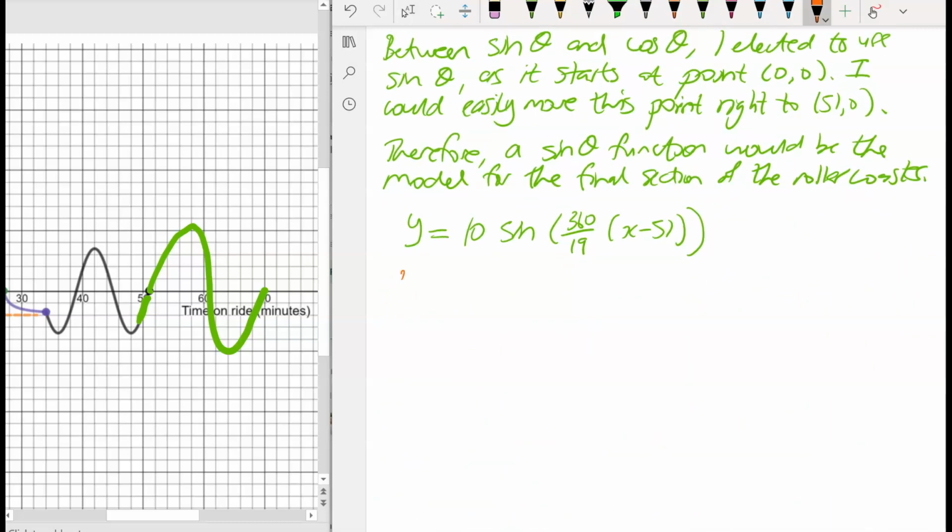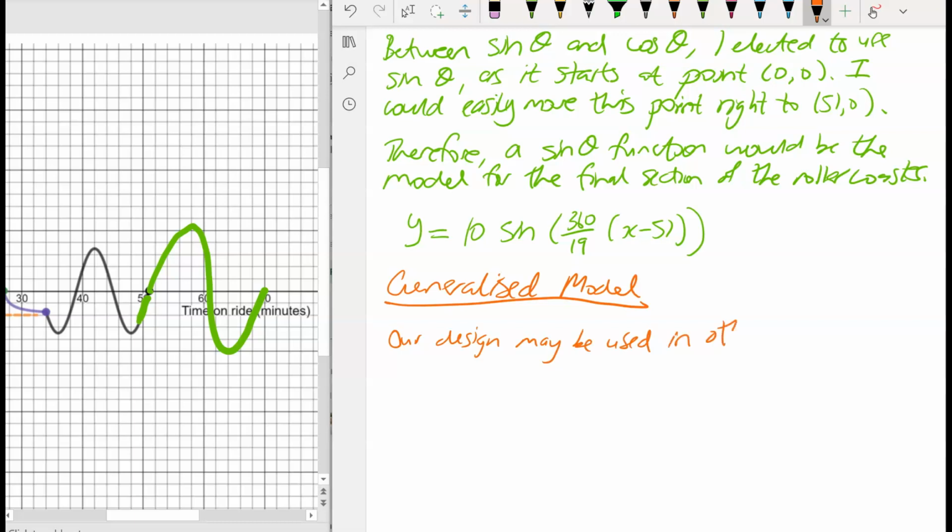So what I'm going to do is give a new title. Generalized model is basically the theme of this part. The first thing we need to do is discuss what we are generalizing and what variable, or what mathematical pronumeral, we are going to give that. Our design may be used in other amusement parks.